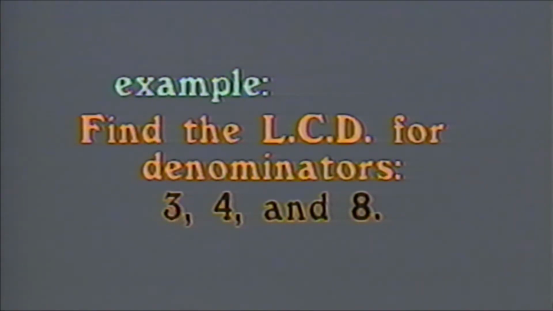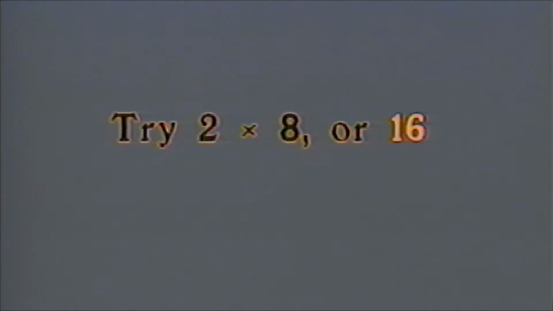What's the LCD for the denominators 3, 4, and 8? Start with 8, the largest denominator in the problem. It's not the LCD because it can't be divided by 3. So, we then try 2 times 8, or 16.